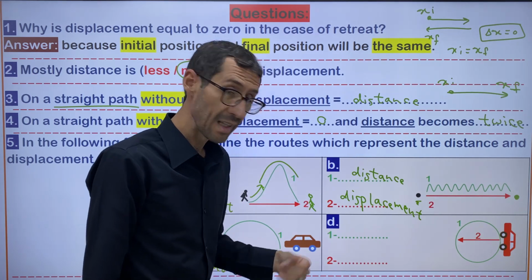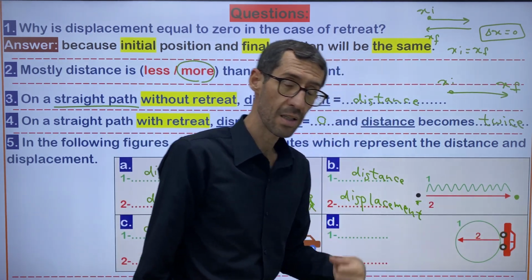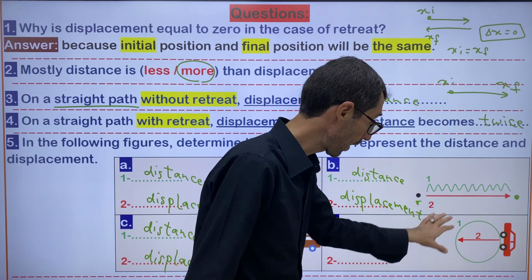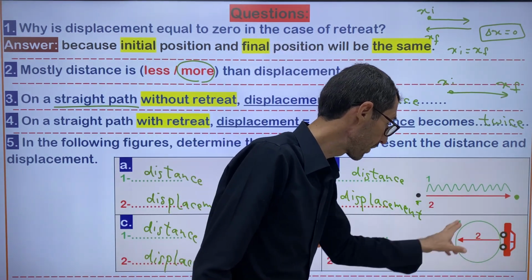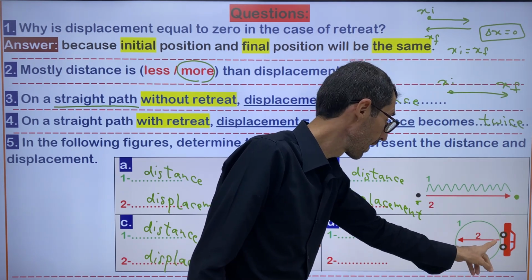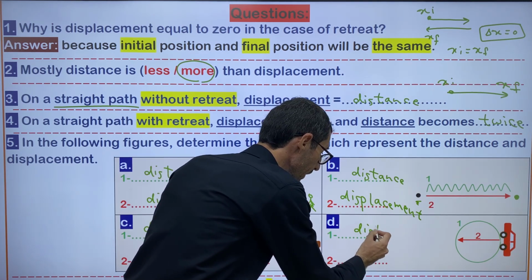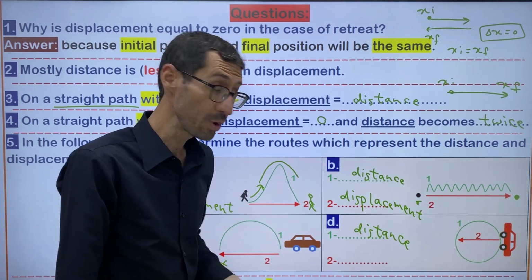Go to the last one. The car circles the square. There's a square and the car circles it. So we have a circular track. A circular track is considered a distance, because distance can take any route.